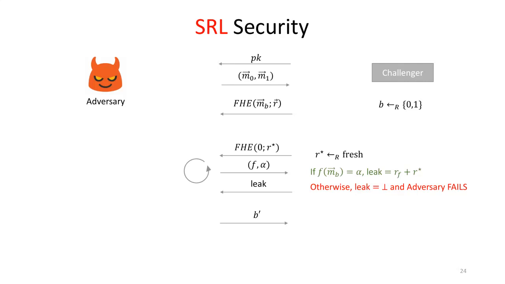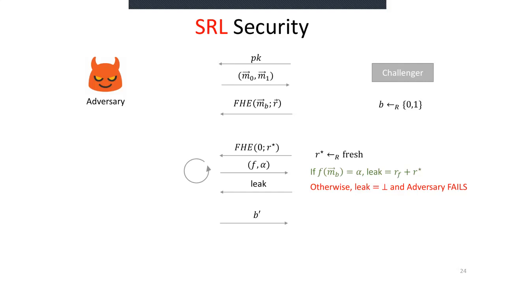The leakage is going to be set as R sub f, the evaluated randomness computed from this randomness here, shielded, that means plus R star. If, however, the prediction is incorrect, so f of m sub b is not equal to alpha, then the leakage is just empty, it's abort, and we say the adversary fails. The security experiment stops.